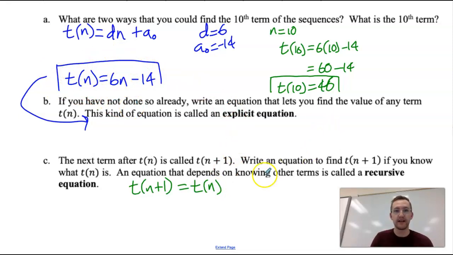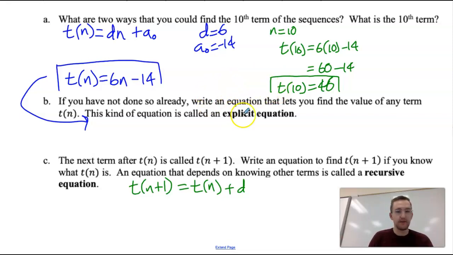We're taking that next term and adding that same amount of growth onto our arithmetic sequence as before, which is the recursive equation for an arithmetic sequence. We're taking that original T of n, adding that existing difference on to find the next term of our sequence, or of our series.